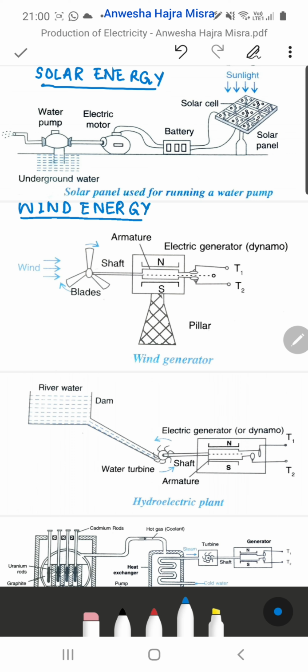After wind energy, we'll go on to hydro energy. And the last one we are going to do is the production of electrical energy from a nuclear power plant.